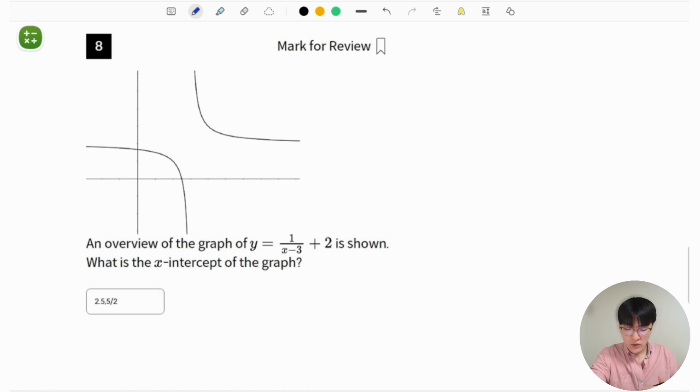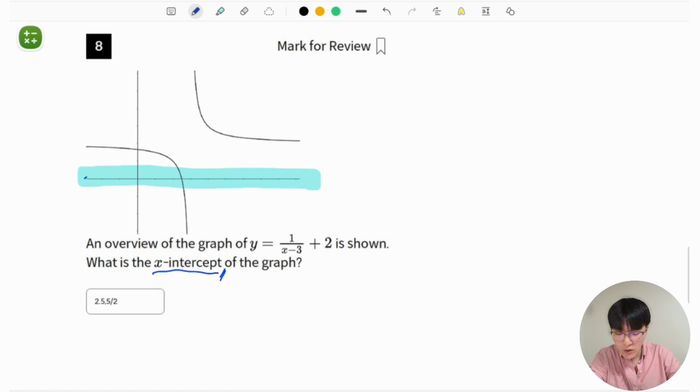But if we want to find the x-intercept, or also known as the value of x when the graph hits the x-axis, it only happens when the y value is 0, because the x-axis always has y is equal to 0. What does that mean? If we just plug in 0 for y, then we can figure out algebraically what the x-intercept is.